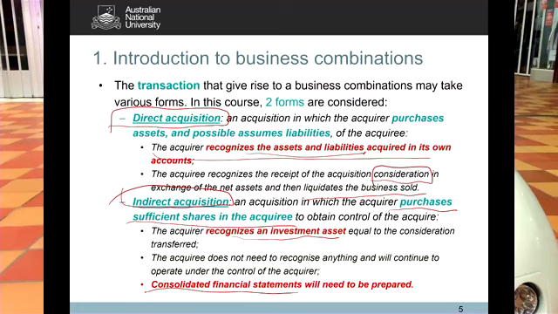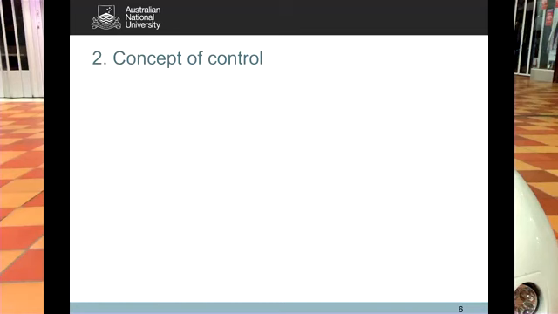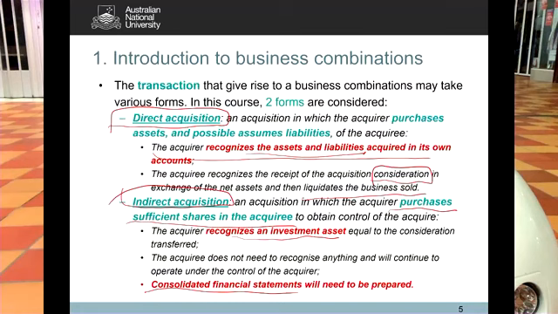So to reflect the whole economic benefits for the acquirer, they will have to include the performance of the acquiree, right? That's why we will have the consolidated financial statements. All right. So we will discuss more. Actually, all the following lectures will be about the consolidated financial statements.